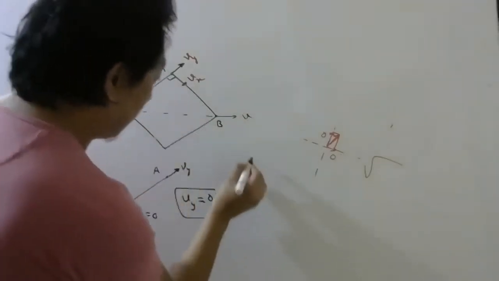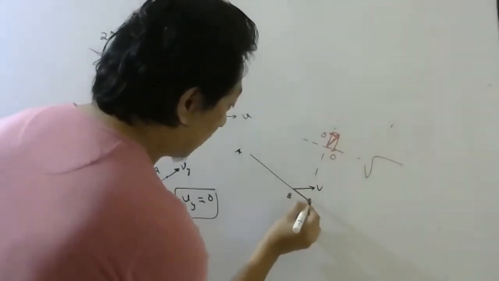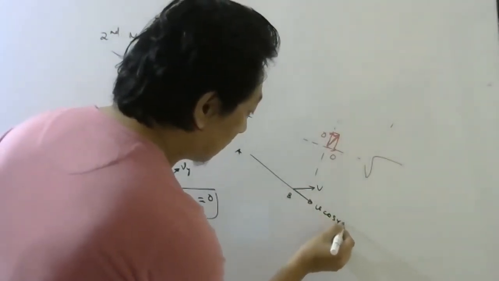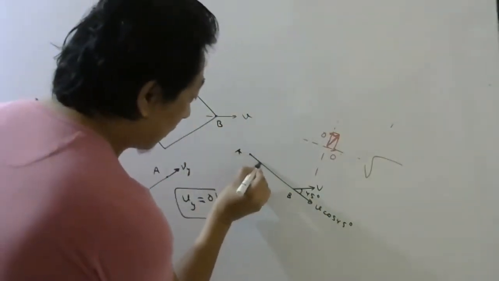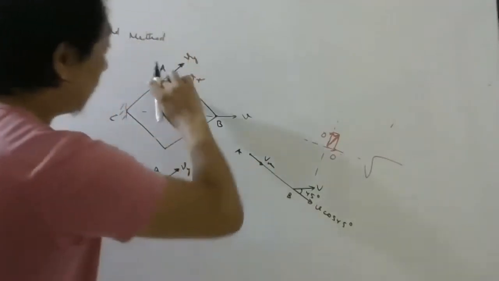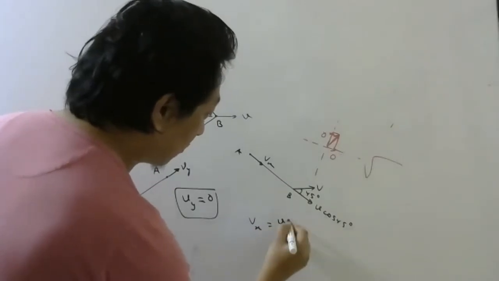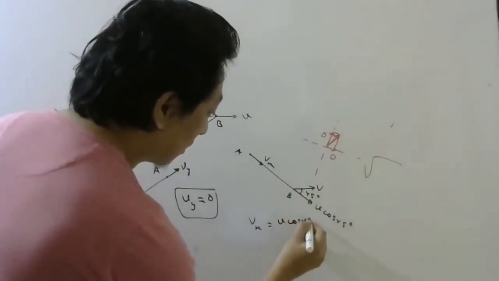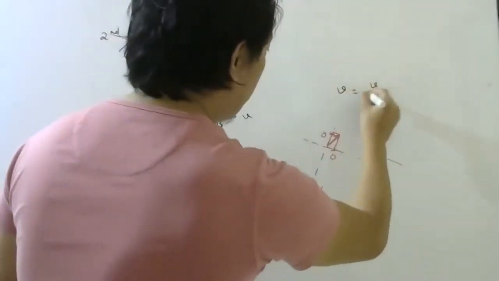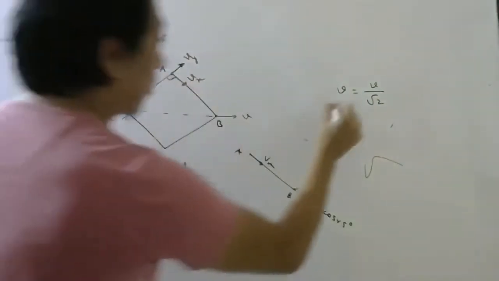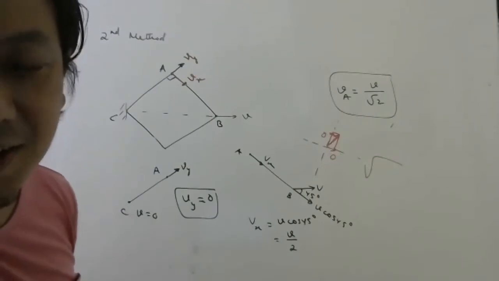Similarly, for the AB part, this V will have a component here, V cos 45. This will be 45. And this point has only velocity Vx, because Vy will have no component here. So from here you can say Vx is V cos 45, which is V by root 2. So the total velocity of this point A will be V by root 2. See, so fast, no? Understood or not?